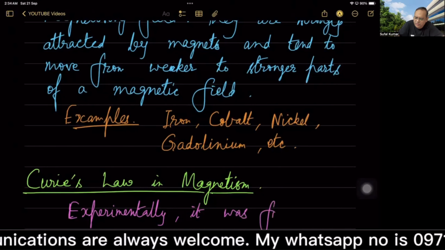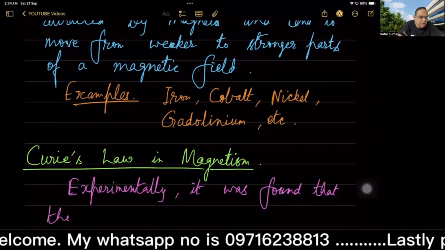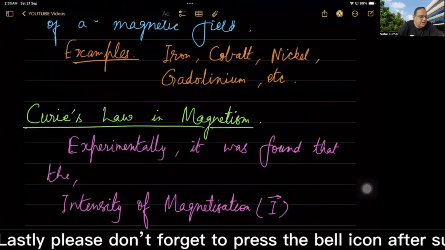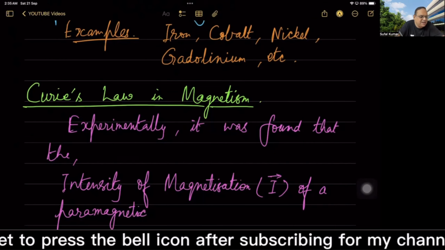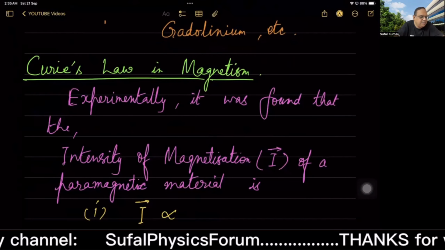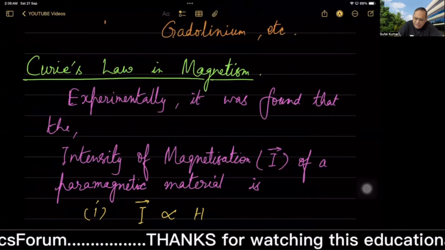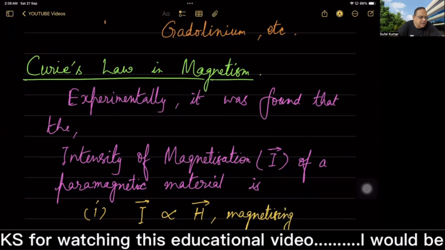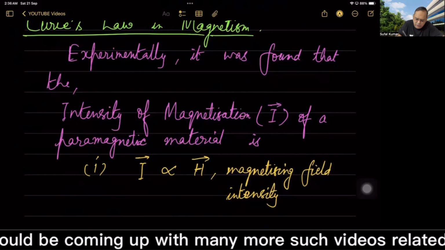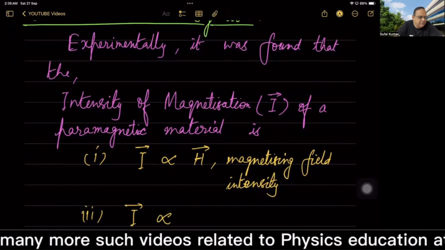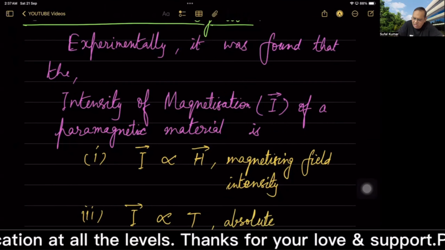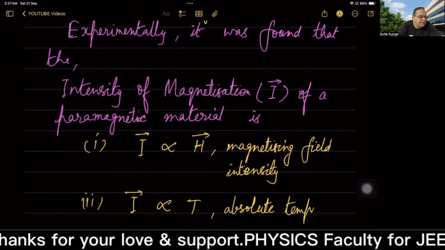Experimentally, it was found that the intensity of magnetization I of the paramagnetic material is, first, directly proportional to the H vector, the magnetizing field intensity, and number two, I is inversely proportional to the absolute temperature.